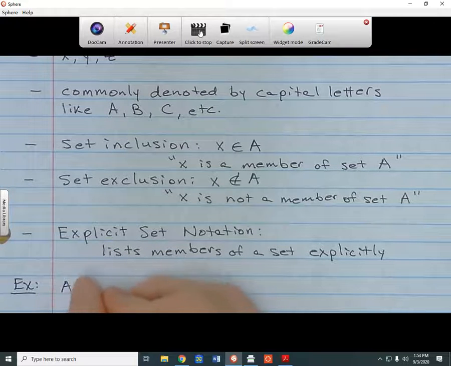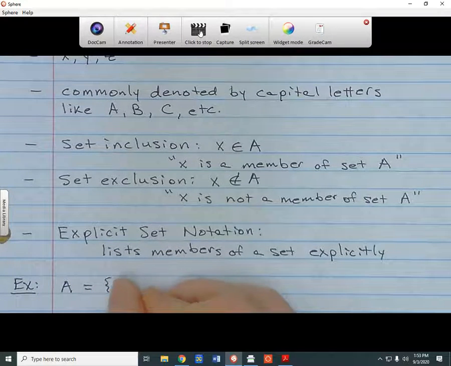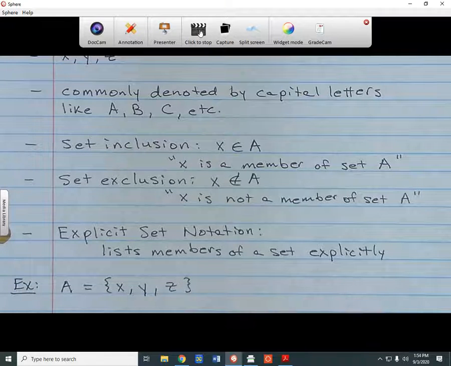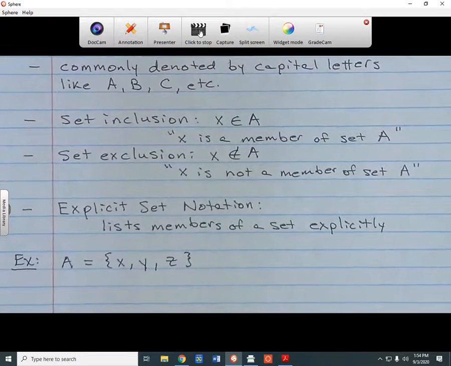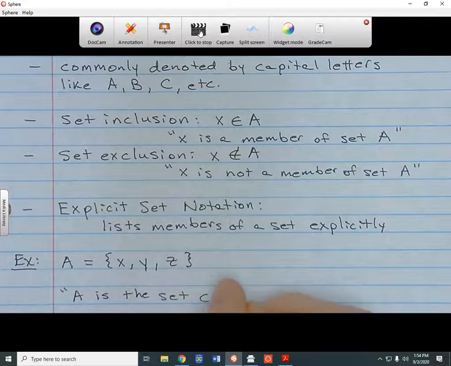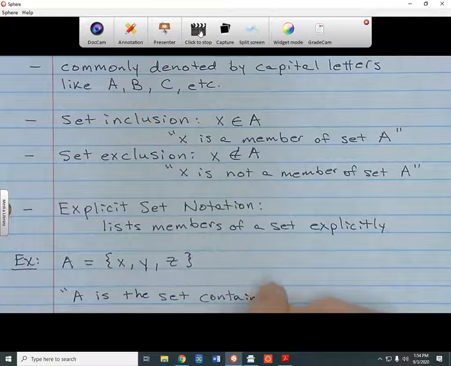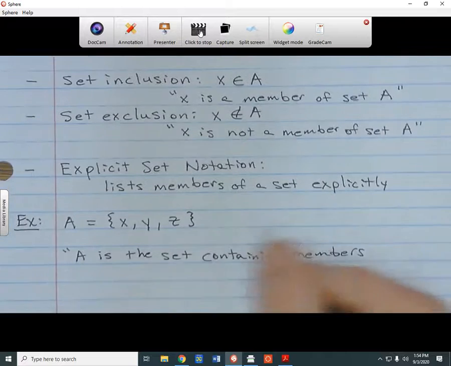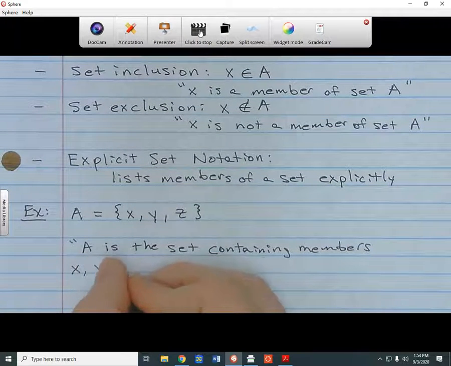Let's say set A is equal to the set containing the numbers X, Y, and Z. This is explicit because all the members of the set are listed inside of the set. We can say A is the set containing members X, Y, and Z.